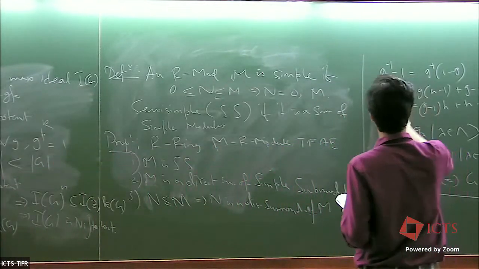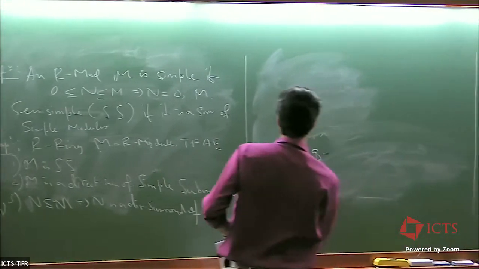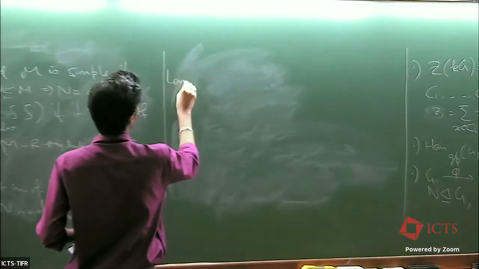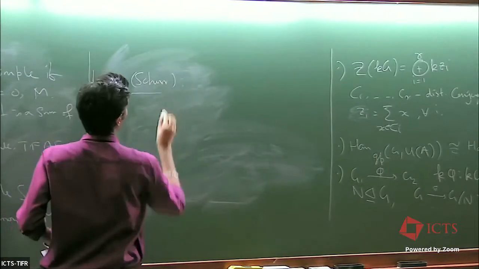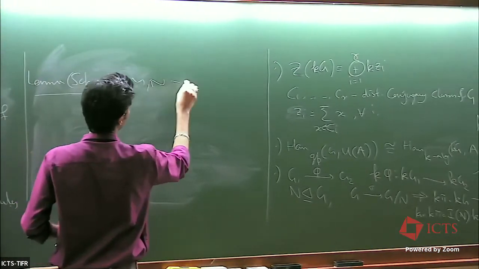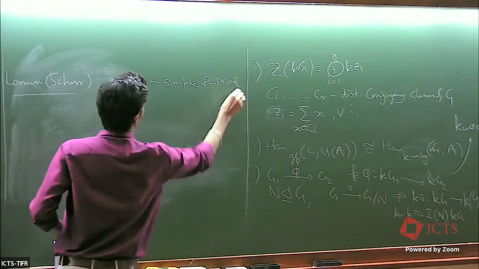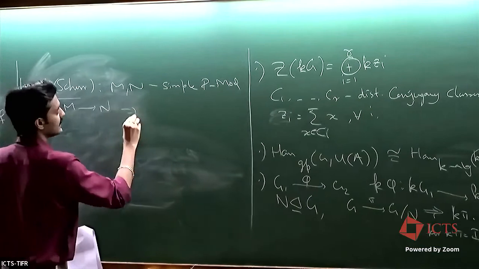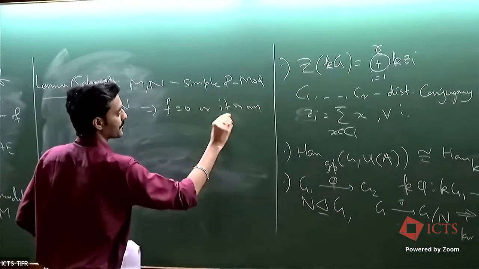Okay. Also, we have one of the most important lemmas in the representation theory of finite groups, that is called Schur's lemma. So suppose M and N are two simple R modules, and f is a map from M to N, then either f is 0 or it is an isomorphism.